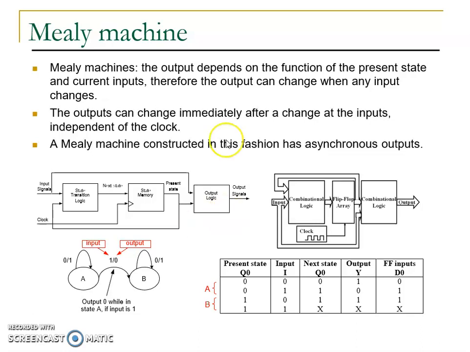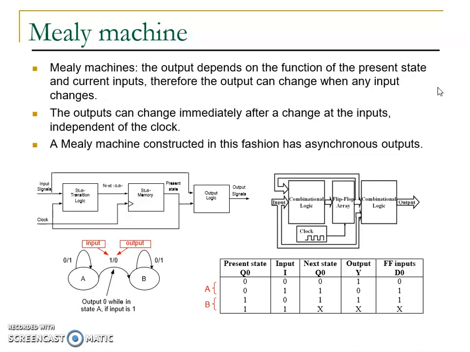The Mealy machine, the difference from the Moore model, is that the output depends on the function of the present state and current input. Therefore, the output can change when any input changes. So the keyword is the output depends on present state and current input, compared to the Moore machine, where the output only depends on present state.